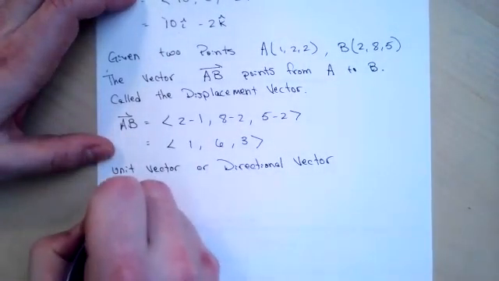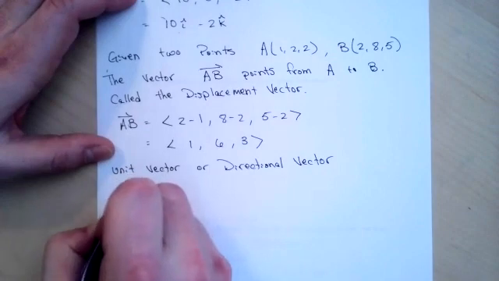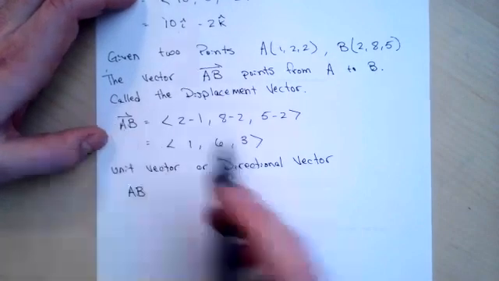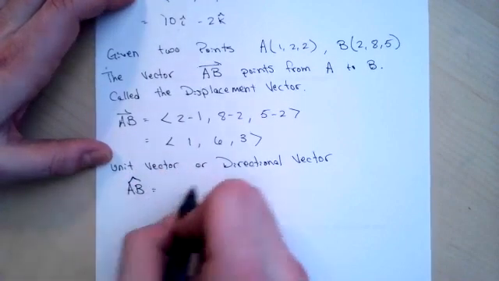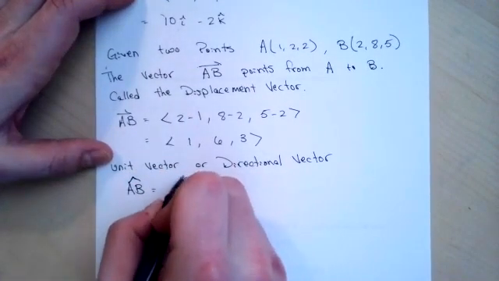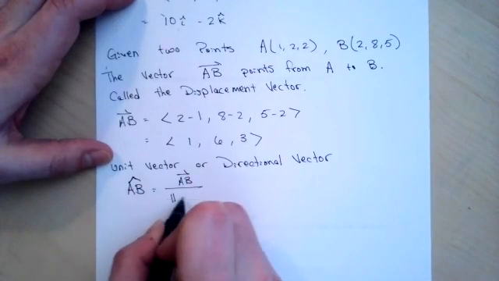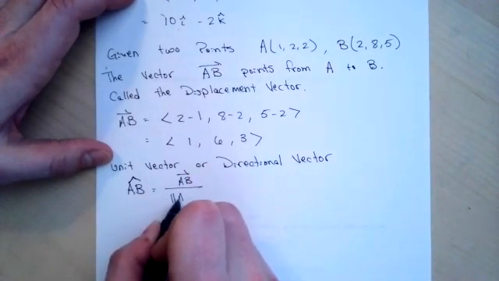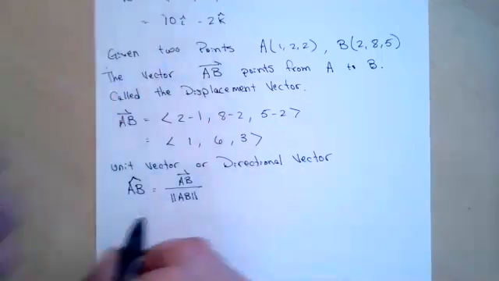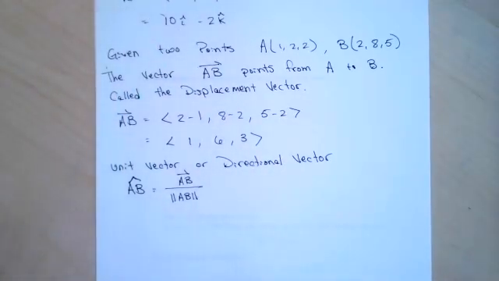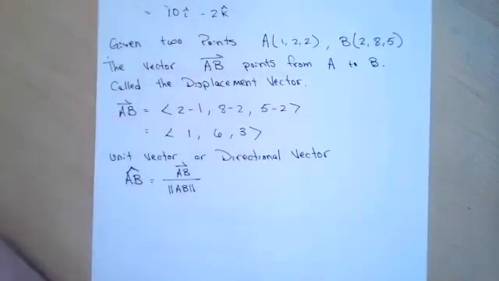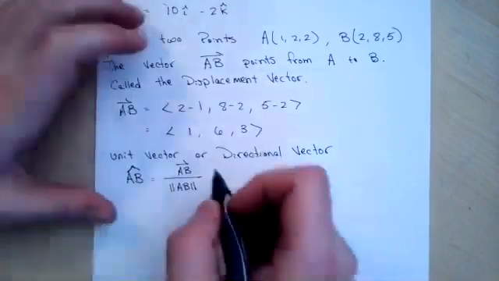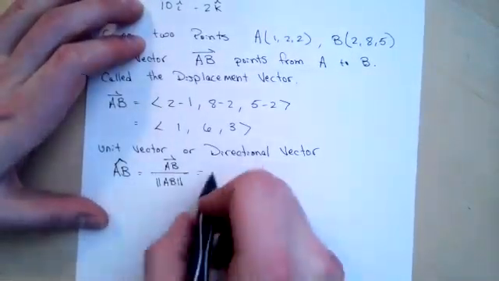If we want to modify our AB and make it a unit vector, in other words, put a hat over it, we just take the vector we start with and divide by the magnitude. So we can scalar multiply. Be careful with division. We cannot divide two vectors. However, I can take a vector and multiply it by a scalar. In other words, multiply by the reciprocal of the magnitude. So all we have to do is find the magnitude.